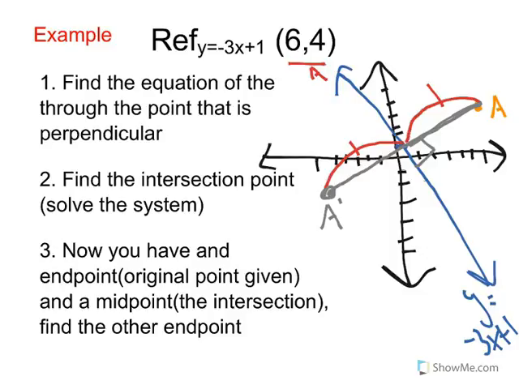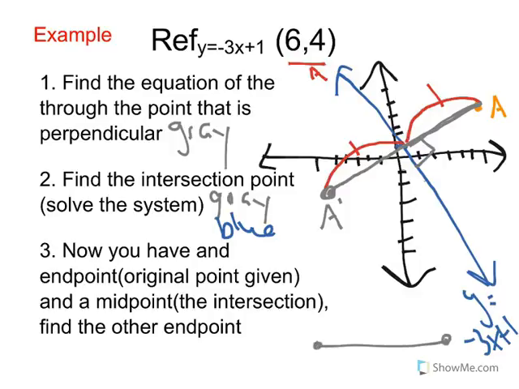The first thing is that we have to find the equation of that gray line that I drew, that perpendicular line. Then you have to find the intersection point. You're going to solve a system between the gray line and the blue line. And then we're going to find the other endpoint of this line segment that we drew with the gray line.